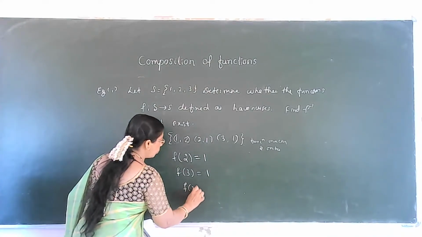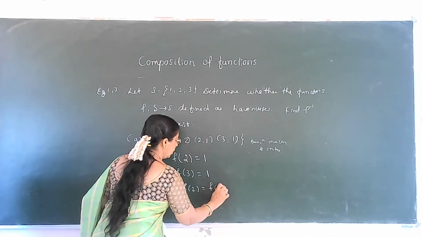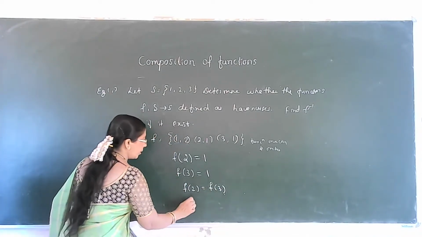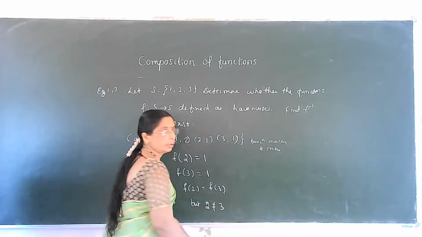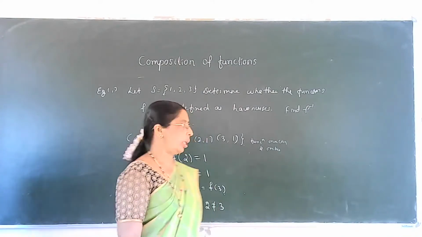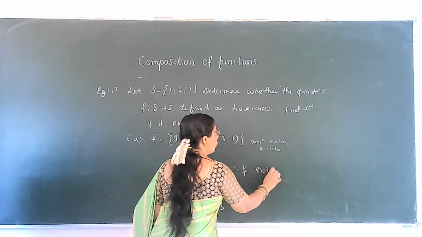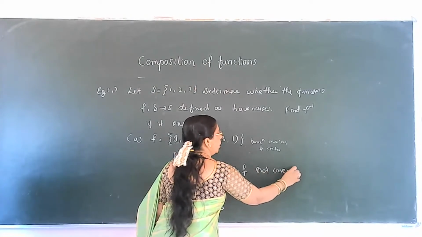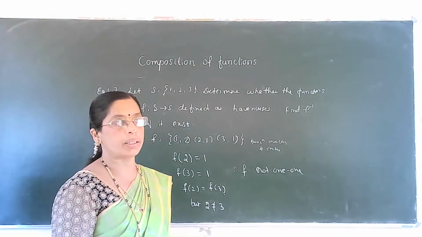Here f of 2 is equal to f of 3, but 2 is not equal to 3. Therefore, the function is not one-one. If the function is not one-one, it's not an invertible function.